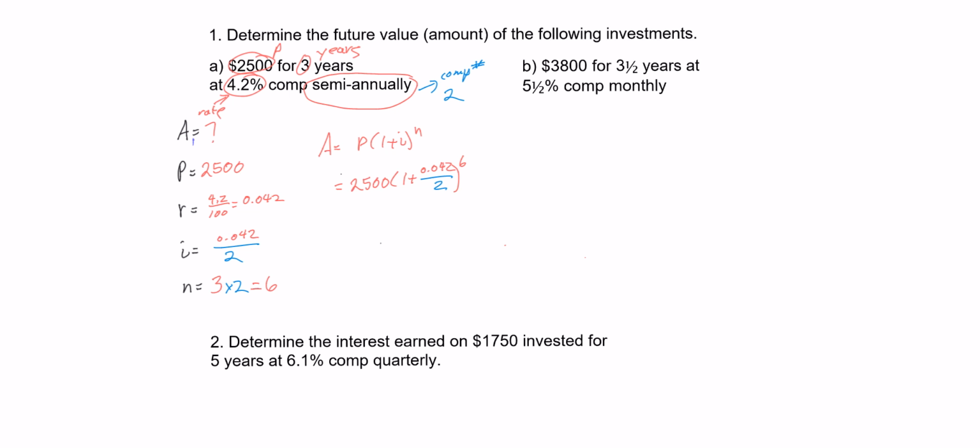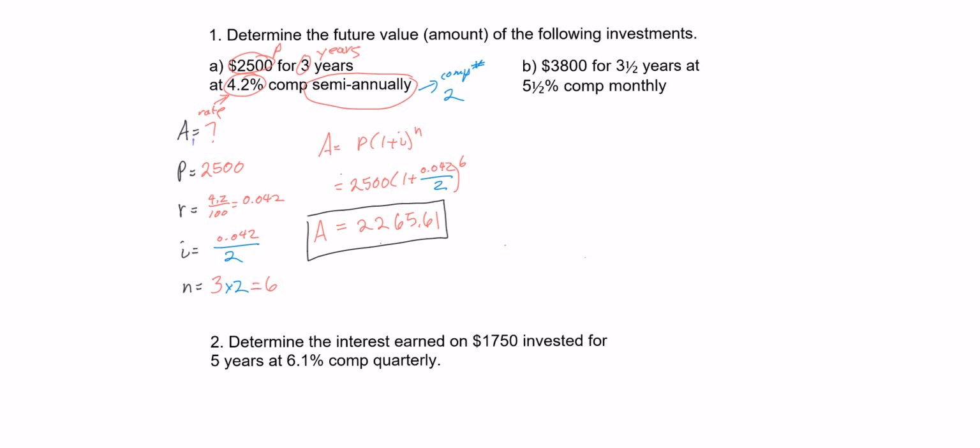You're going to write 2,500 times 1 plus 0.042 divided by 2 raised to the exponent 6. You do your calculation and we end up with $2,265.61.